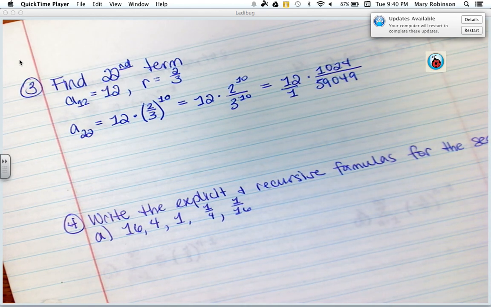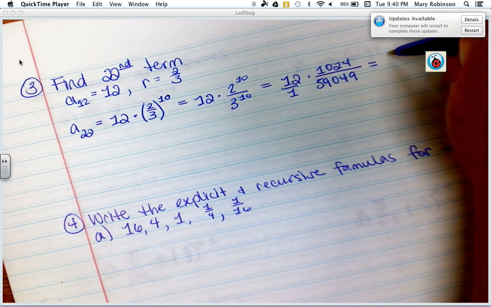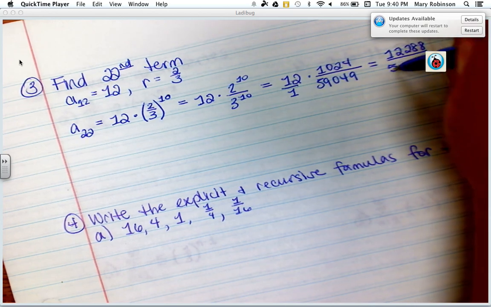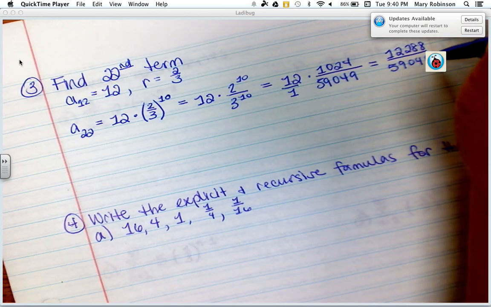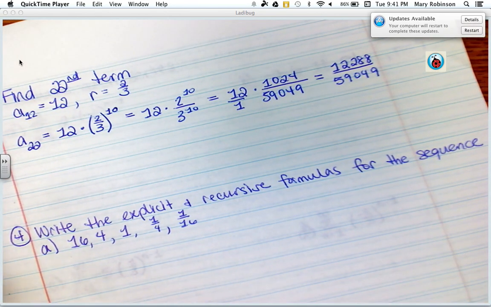So 12 times 1024 gives us 12,288 over 59,049. Alright, so now we have to remember our rules of divisibility.